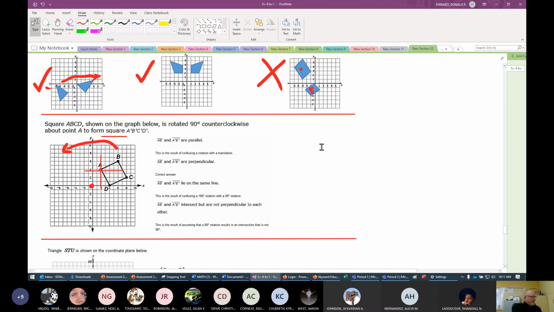Now here's what's important. They're asking us the relationship of the segment AB to A prime B prime. So what's the new relationship going to be? Since we're rotating around A, A is going to stay where it is.